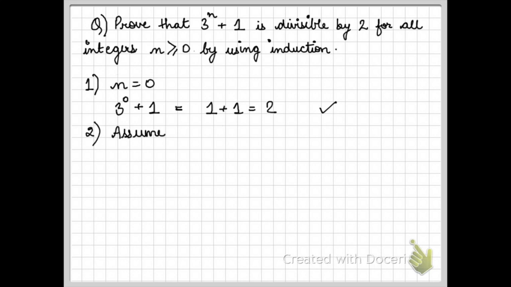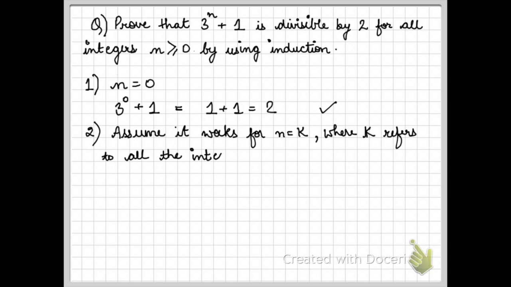We are going to assume that it works for n equals k, where k refers to all the integers. Whenever you have to write the second condition, make sure you always write the assumption.